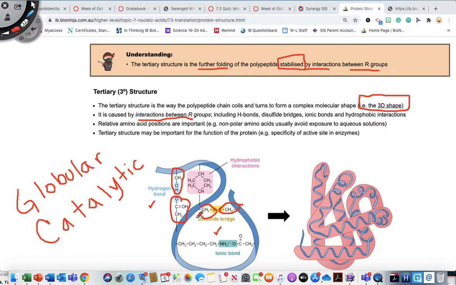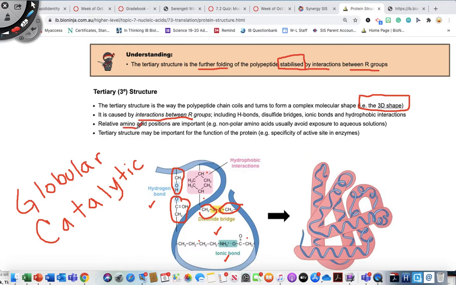So this causes certain parts of the primary structure to continue folding. And then we see some ionic bonds here between R groups here and R groups here. And then we even see some hydrophobic interactions here and here, right? So then that means that you're going to end up with a convoluted type of three-dimensional structure. Okay.